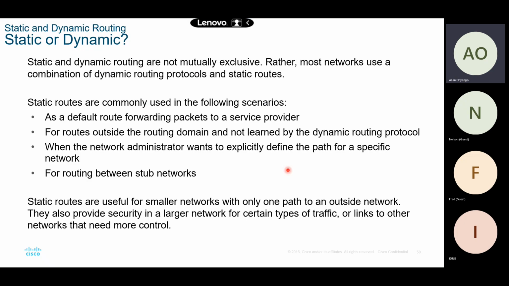As we come towards the end of this, we could be asking ourselves which one is better: static routing or dynamic routing? It's a question you can always ask yourself.